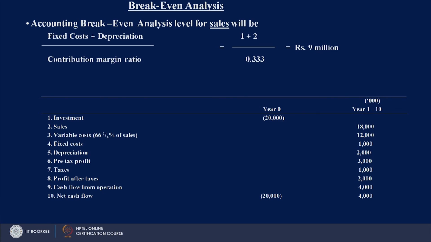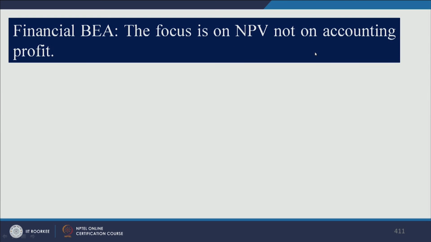So, for this question, for which we are finding the accounting break even point: fixed cost 1000, depreciation 2000, and contribution margin ratio 0.33, so 9 million. So, when sales is 9 million rupees, only then will you achieve the accounting break even point.